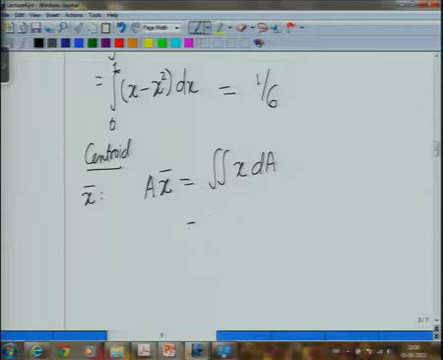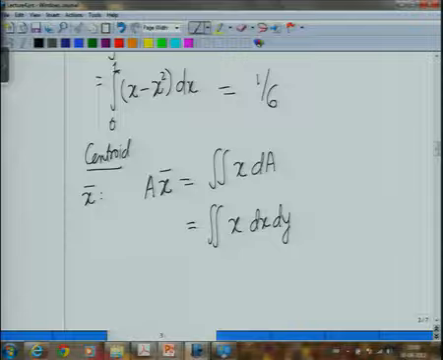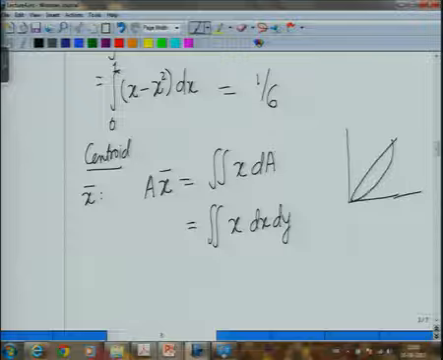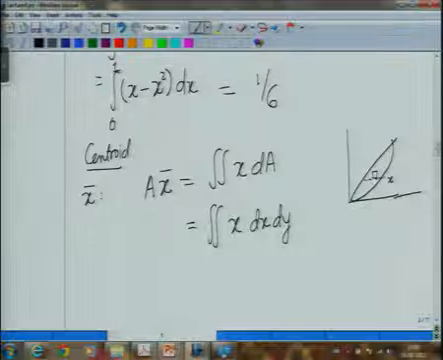So, this I will write as integral x dx dy. If I am using, so once again let me draw this picture here, we have this strip, we have an area, and we are integrating with respect to x first.